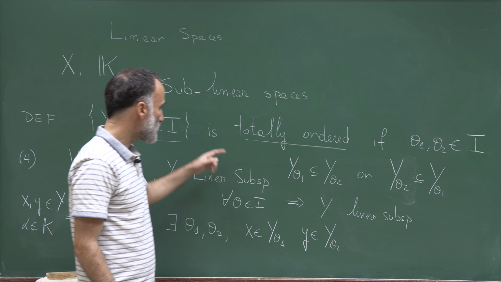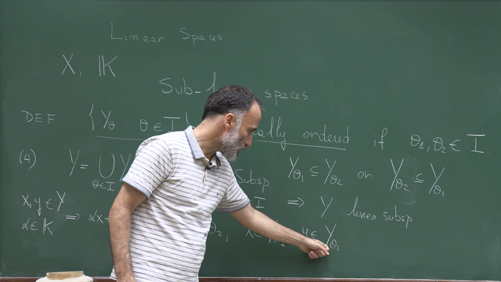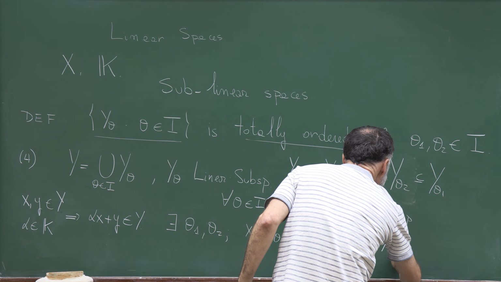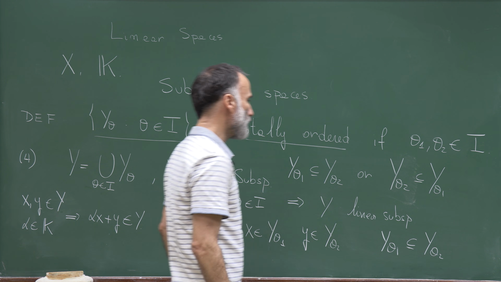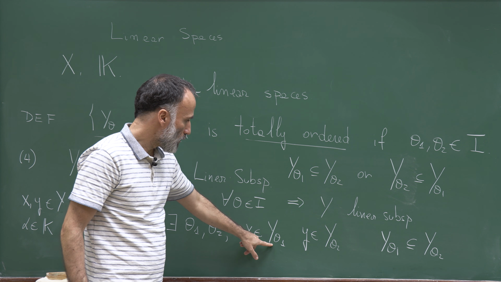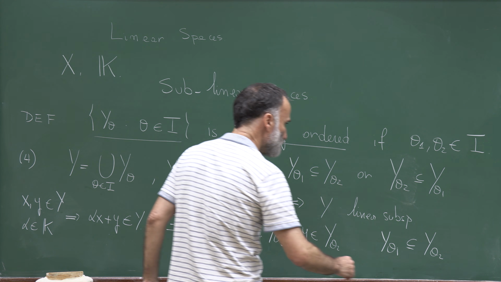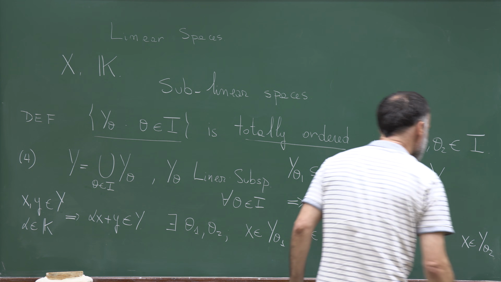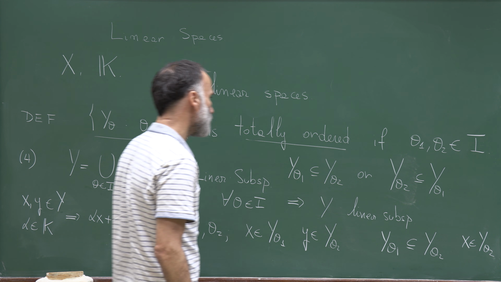But now, since the family is totally ordered, either Y theta 1 is contained in Y theta 2 or the opposite. So let's assume without loss of generality that Y theta 1 is contained in Y theta 2. Since x belongs to Y theta 1, it also belongs to Y theta 2. So we deduce that both x and y belong to the larger one, which is Y theta 2.